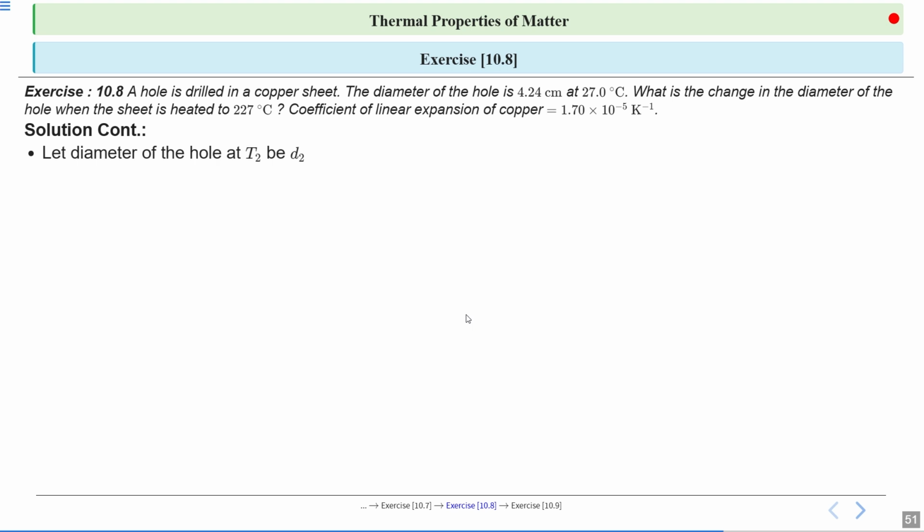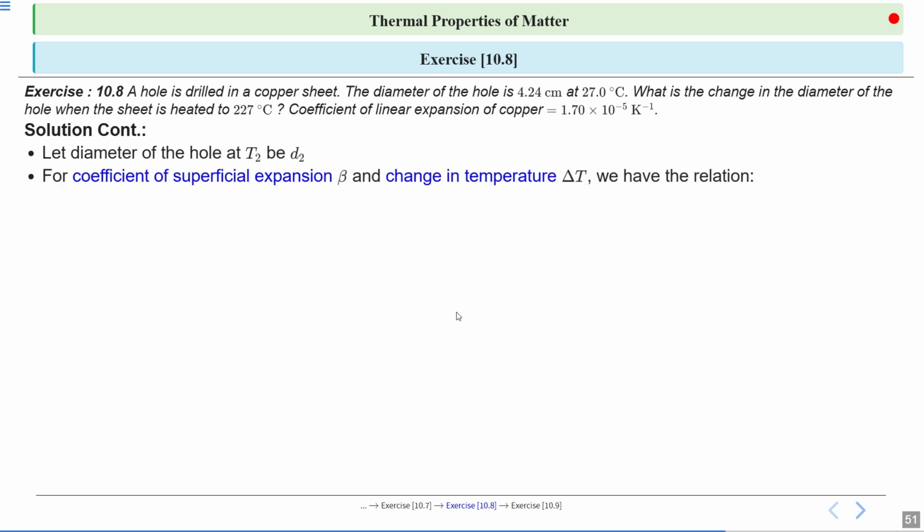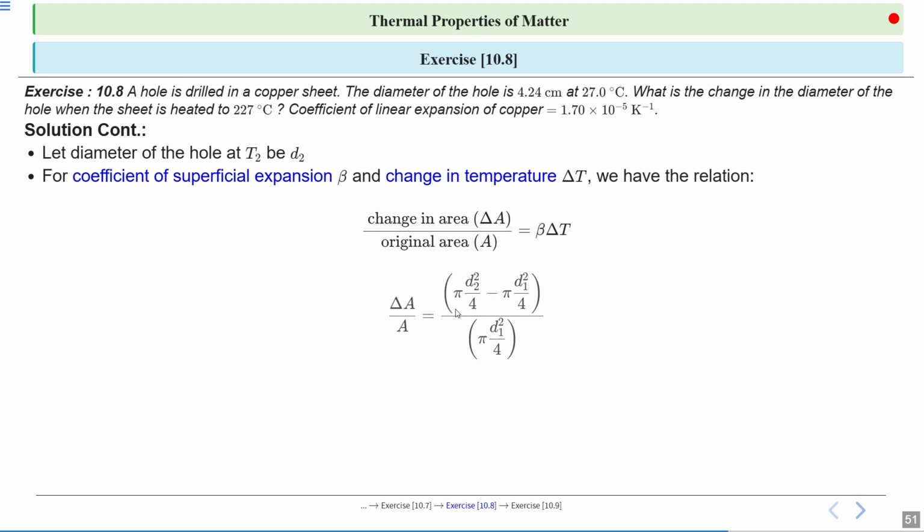So let diameter of the hole at T2 be D2. For coefficient of superficial expansion beta and change in temperature delta T, we have the relation that change in area divided by original area is equal to beta times delta T. So just put the value: change in area delta A divided by original area A is equal to pi D2 square divided by 4 minus pi D1 square divided by 4, divided by pi D1 square divided by 4.